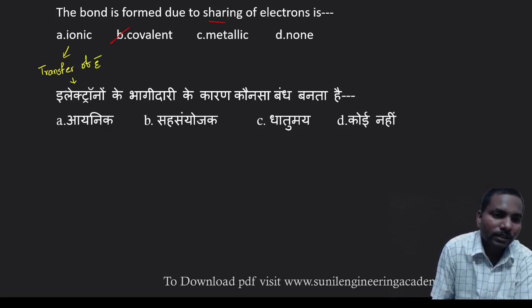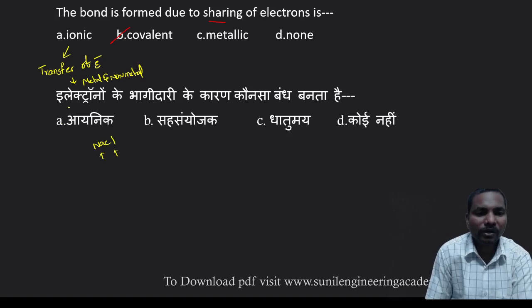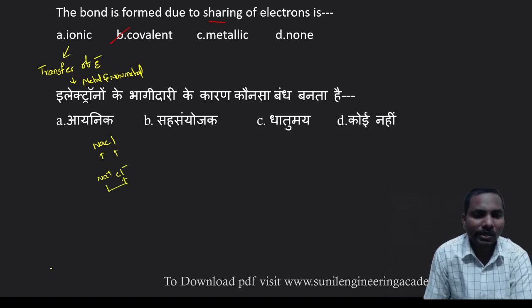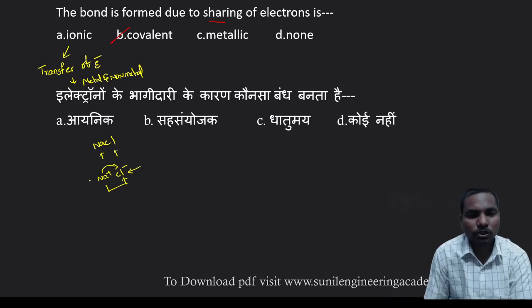It is always formed between a metal and a non-metal. For example, NaCl. Sodium is the metal, chlorine is the non-metal. Between those two, Na+ and Cl-, transfer of electrons takes place. The metal donates the electron and the non-metal chlorine accepts the electron. So due to transfer of electrons, ionic bond.